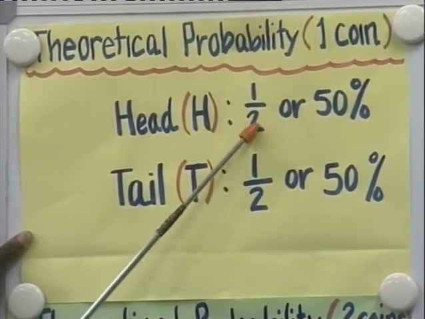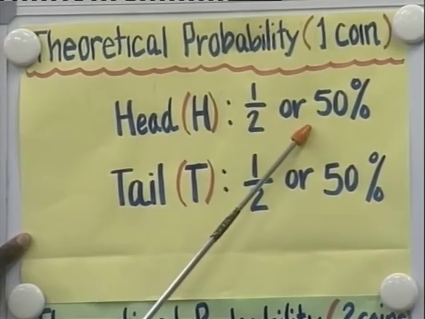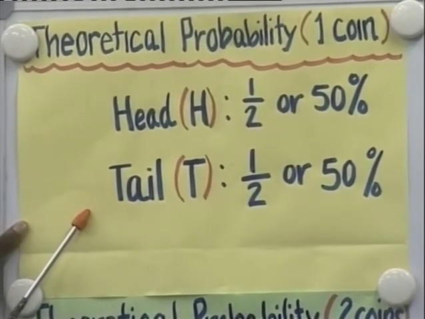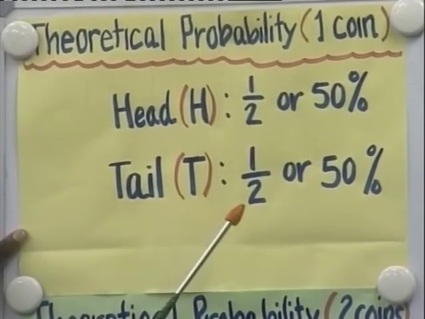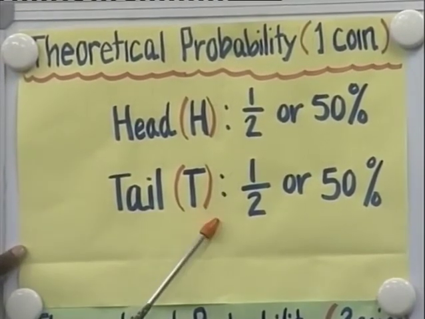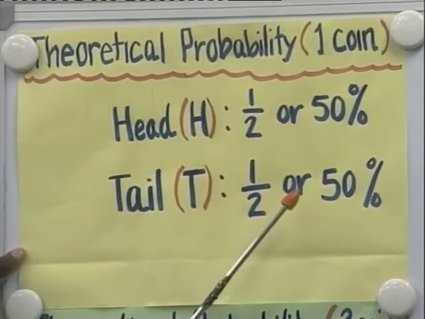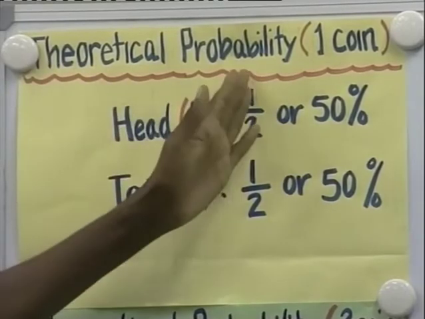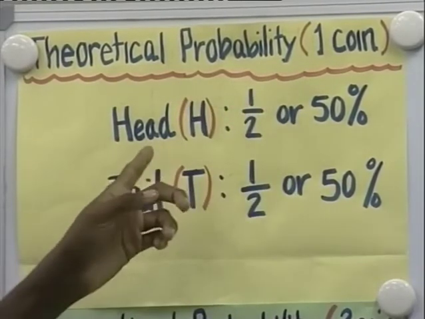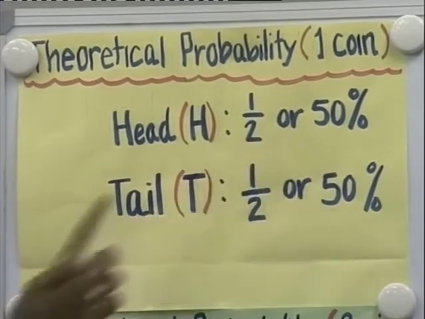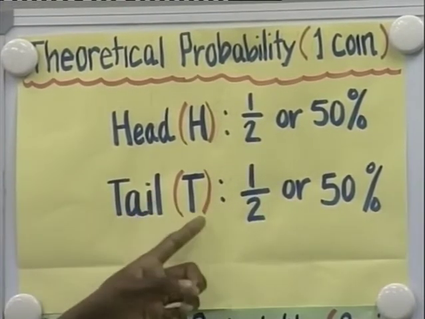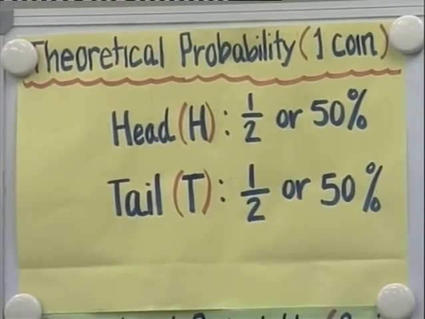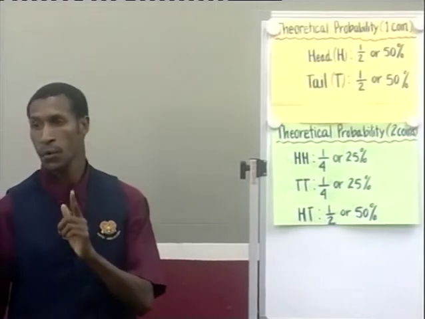In percentage, it is expressed as 50%. Tail, the theoretical probability is half. In percentage, it is 50%. So, the theoretical probability of one coin of head is half or 50%, and tail is always half or 50%. That's when you are tossing one coin.